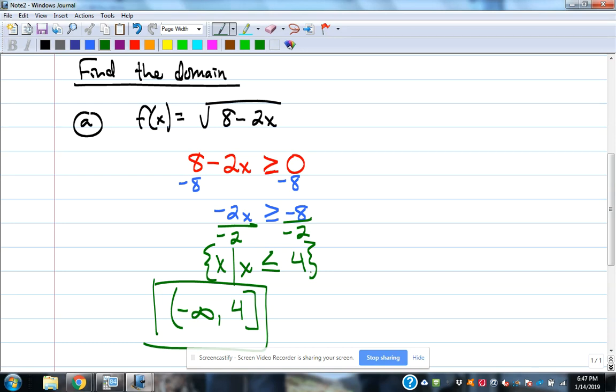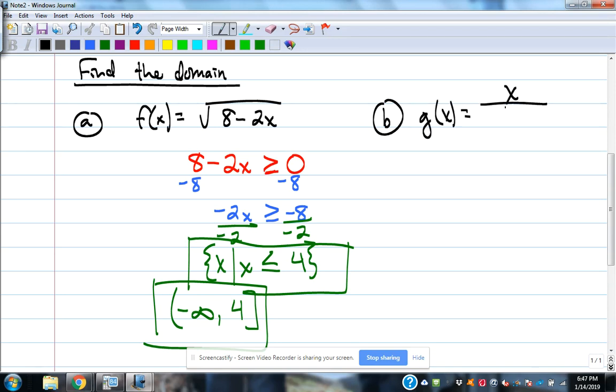Either of those ways, be able to do both. The 4 has the bracket because it's got the equal to mark on it.